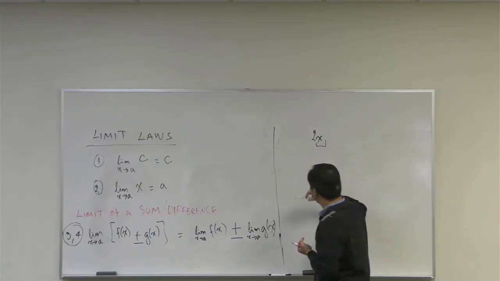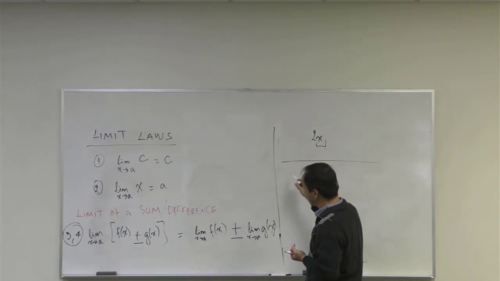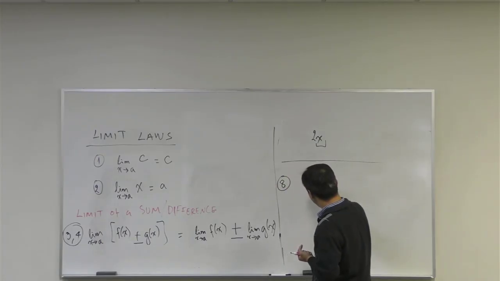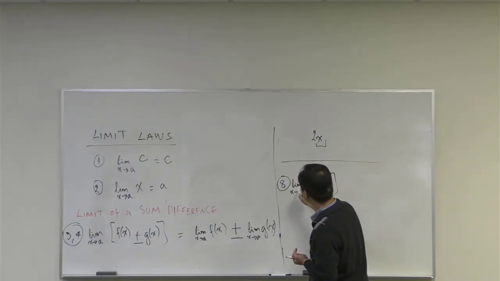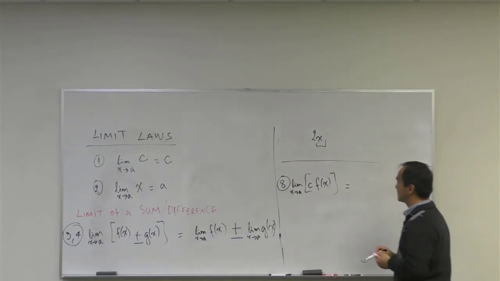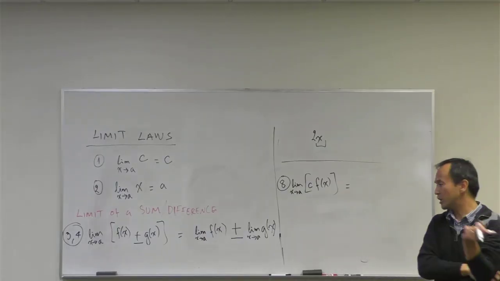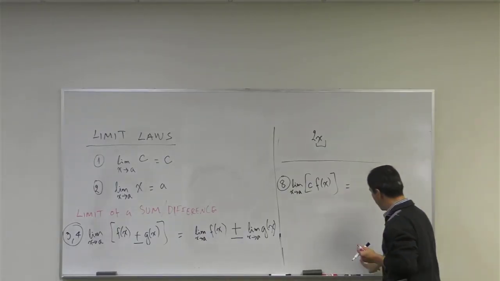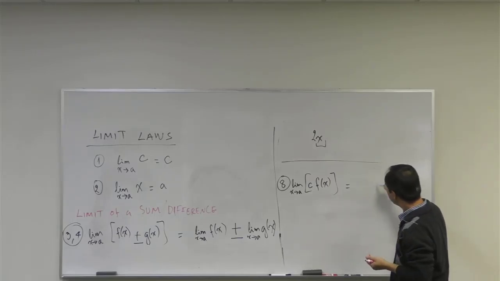Another rule we can recognize is rule number 8: anytime your function comes with a coefficient and we take the limit, we can simply find the limit of f of x itself, and whatever comes out as the result, we multiply by c.